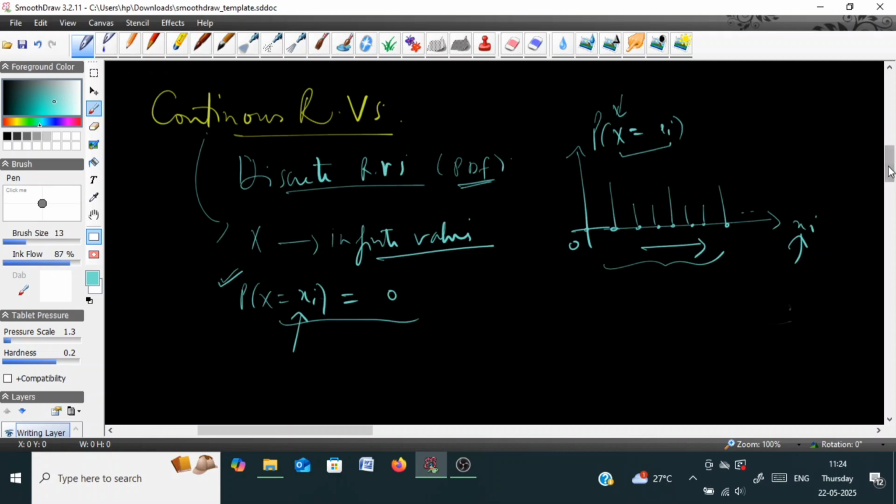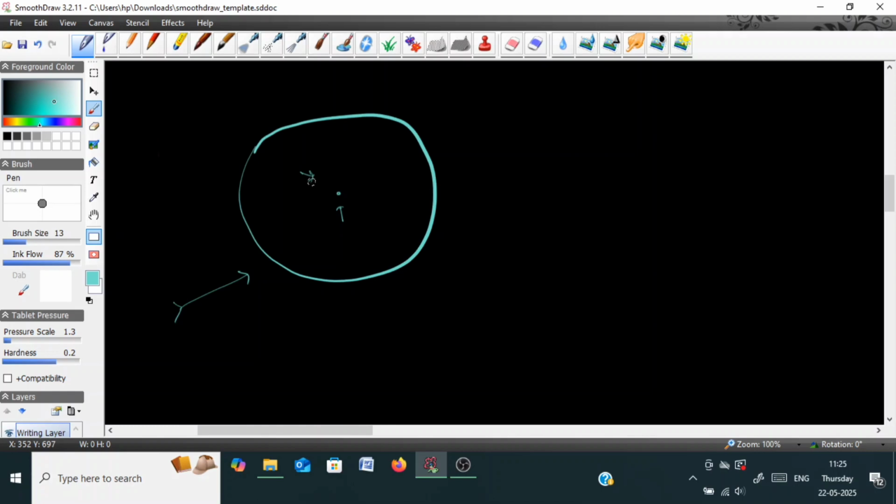Like, suppose I take the example of a continuous random variable. Maybe you have a circle, and this is the center of the circle, and you throw an arrow on the circle, and wherever this arrow hits, maybe here or here, you measure the distance of this point from the center of the circle and map that on the real axis.